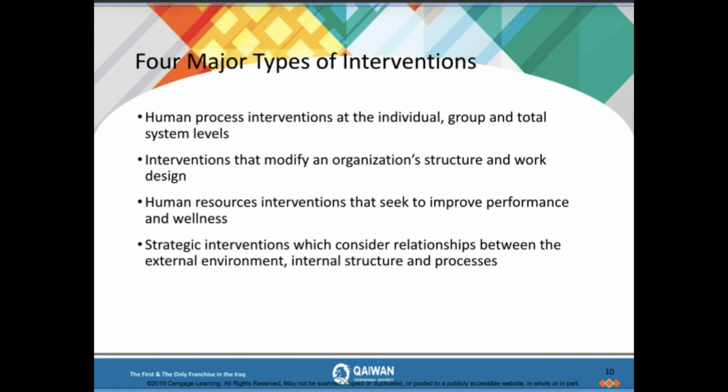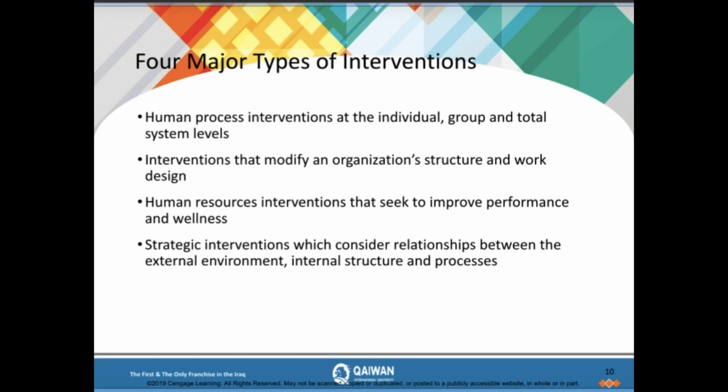So we understand how plan change works. Let's talk about the four major types of interventions that organizations use to make change happen. Interventions are simply the strategies or actions applied to improve the organization.